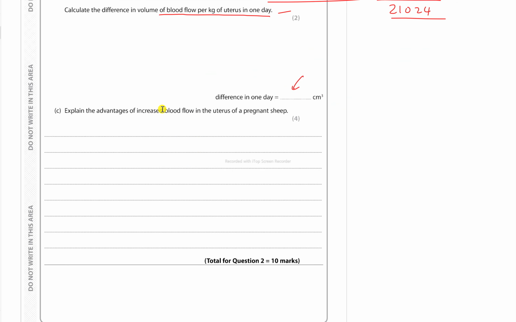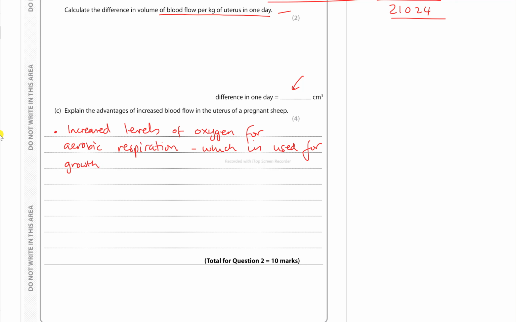Okay, so what are the advantages of increasing the blood flow to the uterus of a pregnant sheep? First of all, you have increased levels of oxygen for aerobic respiration, which is used for growth and repair.